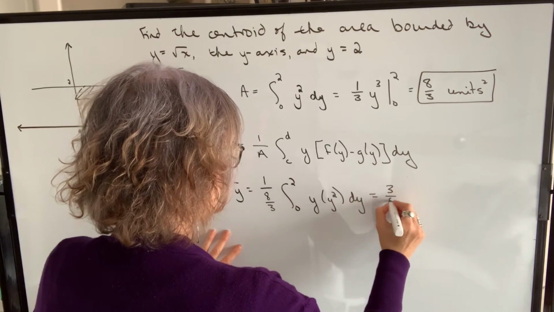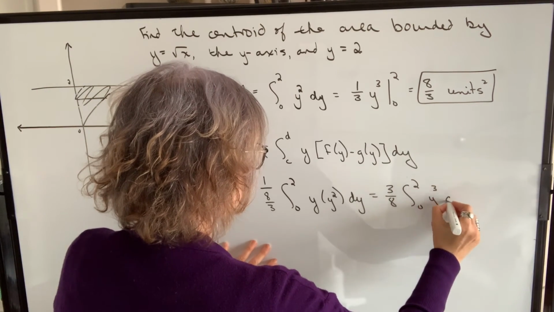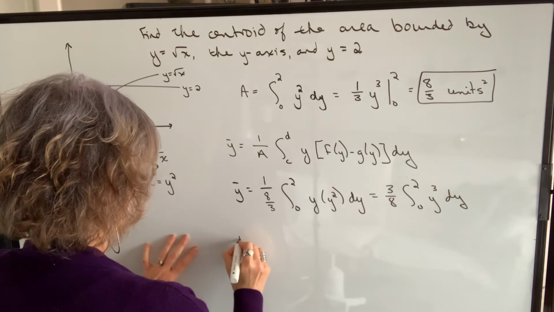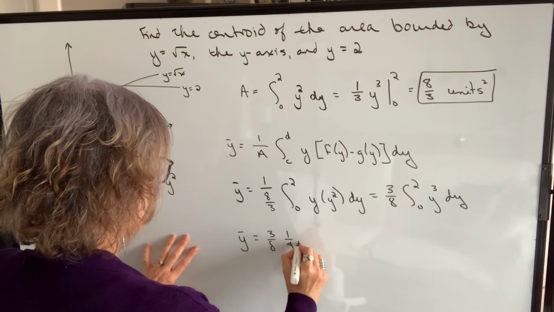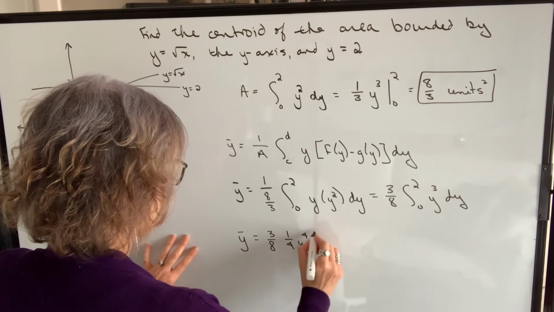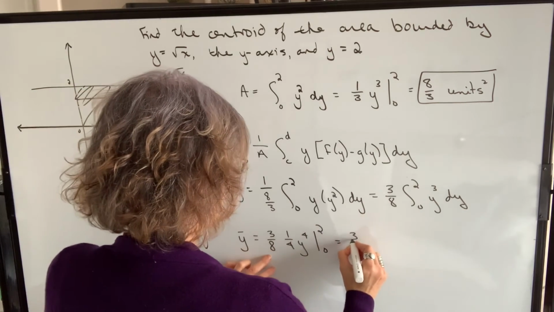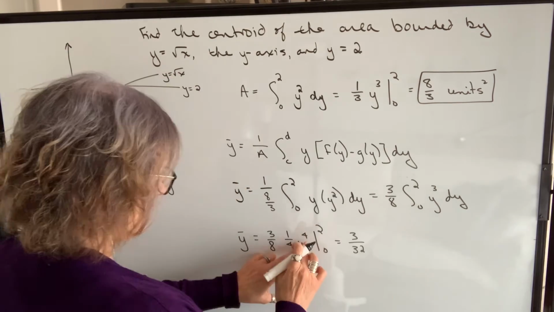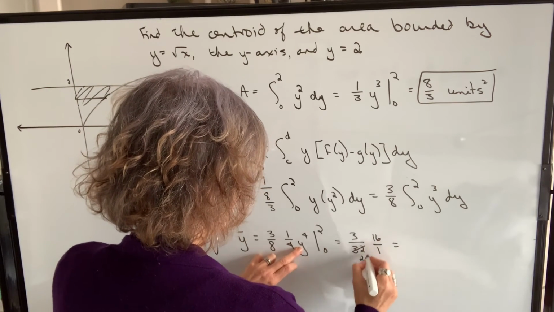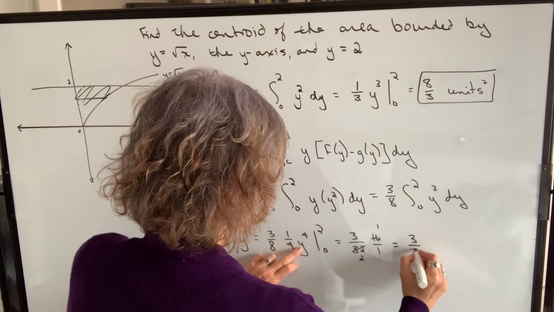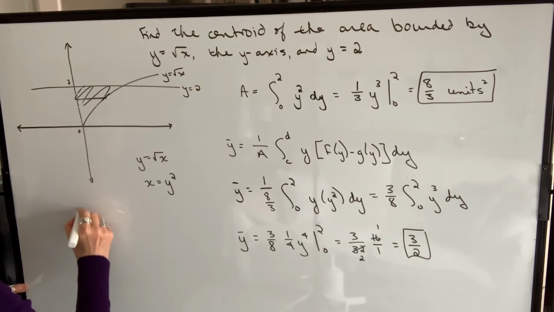So that will be 3/8 times the integral of y cubed dy, and that will be equal to 1/4 y to the 4th. So that can be written as 3/32 times 2 to the 4th power, which is 16. 16 cancels, so we get 3/2. So that's the y coordinate of the centroid.